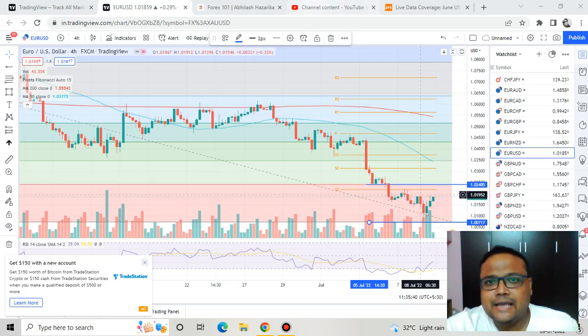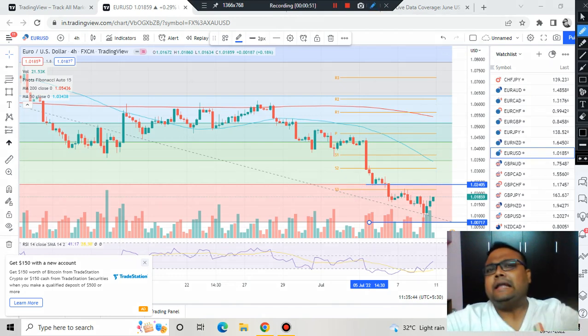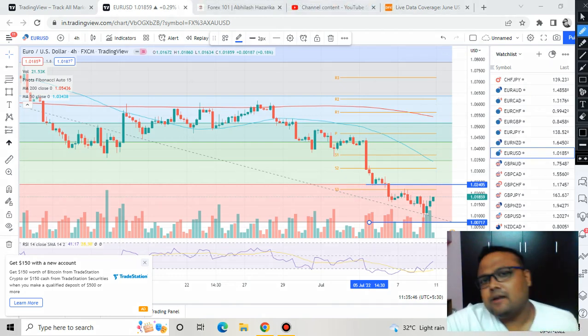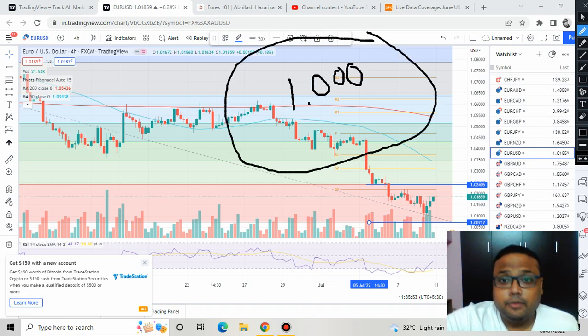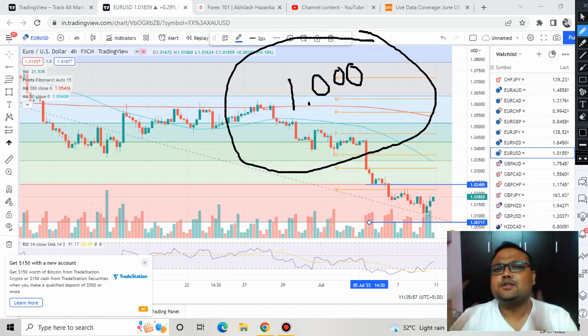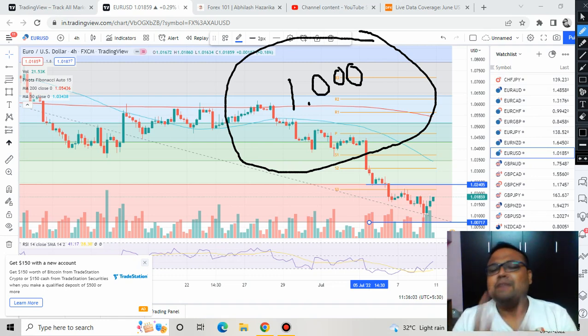As I have already mentioned, and you have also read in other articles, experts around the world are of the opinion that Euro USD will soon hit the 1.000 level, but right now we can see that there is some sort of recovery. So as of now we can say that buyers on Euro USD are still very much active, and they are giving their best fight to recover Euro USD.